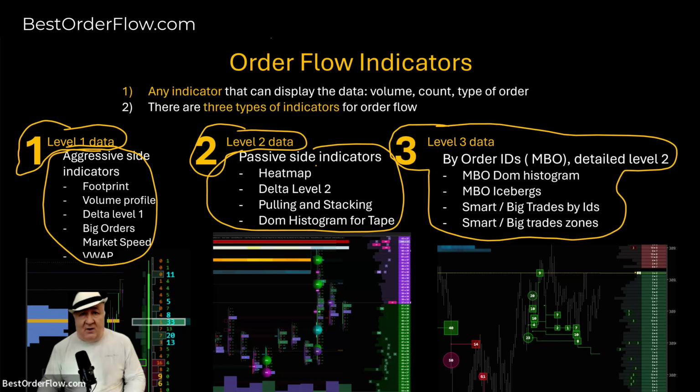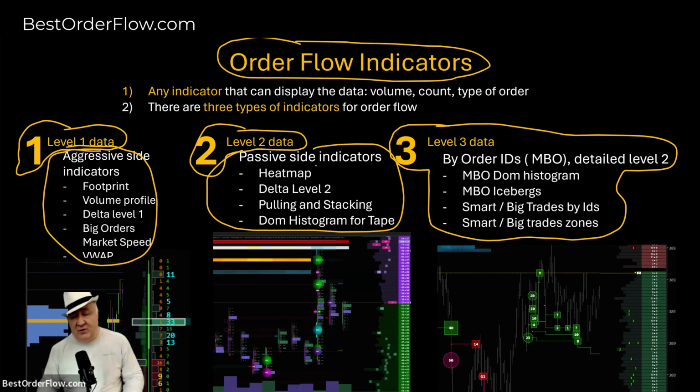So the order flow indicators are not only the footprint. Because there are three types of data, some platforms like TradingView are not feasible. It's not an order flow platform, not built for order flow. An order flow platform like NinjaTrader is actually built for order flow indicators and information, right? So this is the volume profile, and this is the footprint.